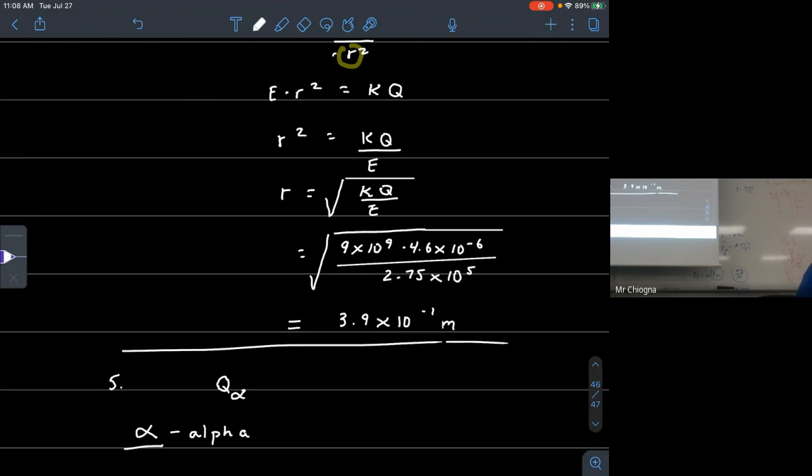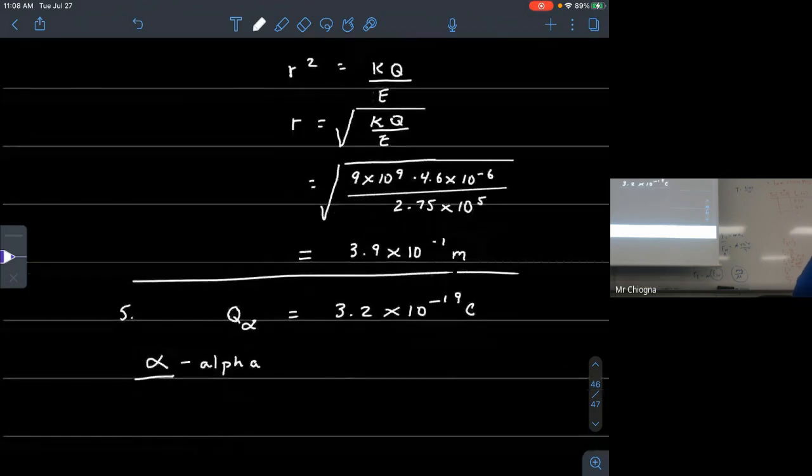So the charge on an alpha particle is just a helium ion. Helium has 2 protons. Each proton has a charge of 1.6, so the charge on an alpha is 3.2. Okay? So what's the electric force that a proton would experience? A proton is half of the alpha, just 1 proton, 1.6.